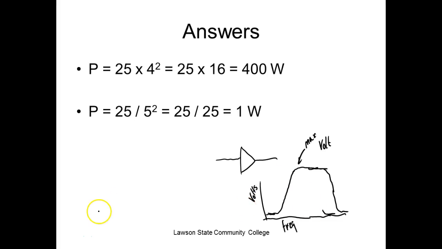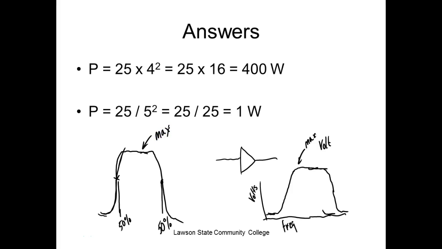So if I were to draw this with power, right about here is where the power gets above 50% of the maximum value, and this is where it drops down to 50% of the maximum value. This would be the max power that I get out of my system.